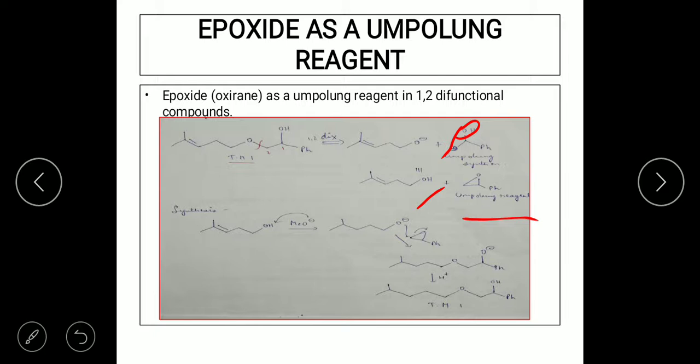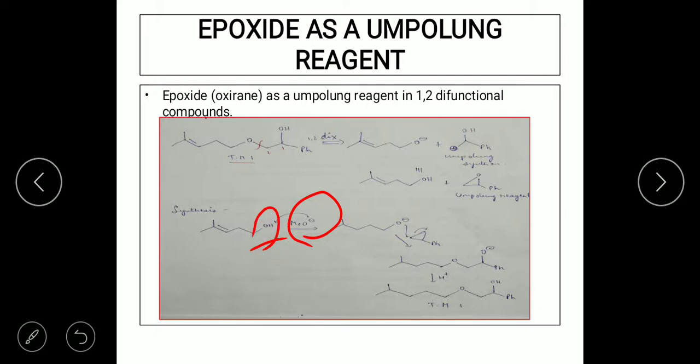So now this is the umpolung reagent. Now let us see how this can be used in the synthesis. Here we know that the hydroxyl group attached to oxygen is always highly acidic. So even a mild base can deprotonate the hydroxyl group. Here we are using the methoxide anion. It is going to abstract the proton of the OH group.